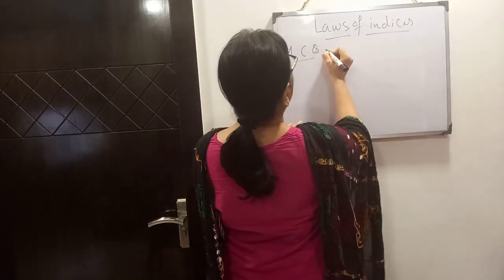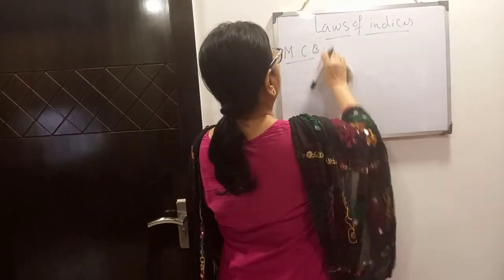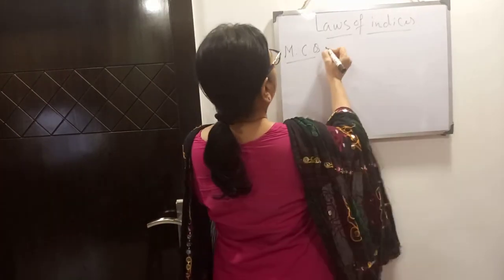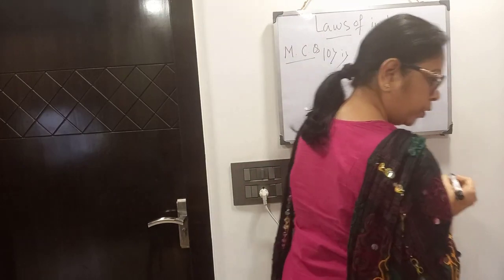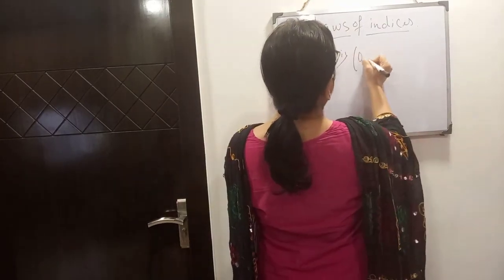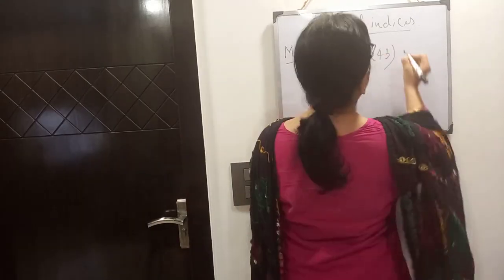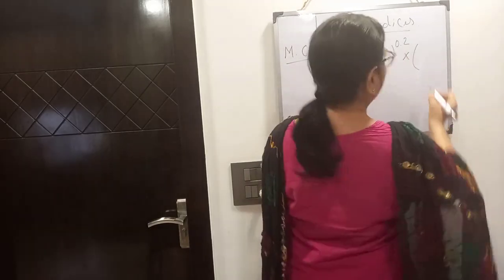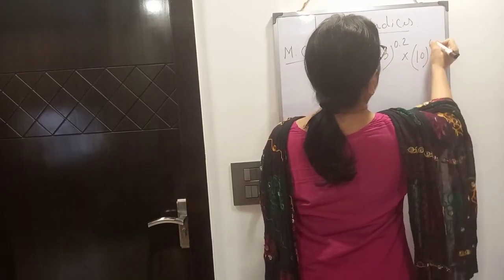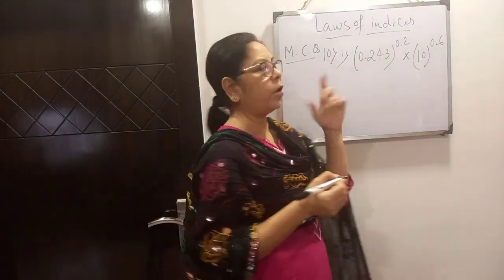The value of this: (0.243) to the power 0.2 into 10 to the power 0.6. This is the problem. You have to calculate the value of this.